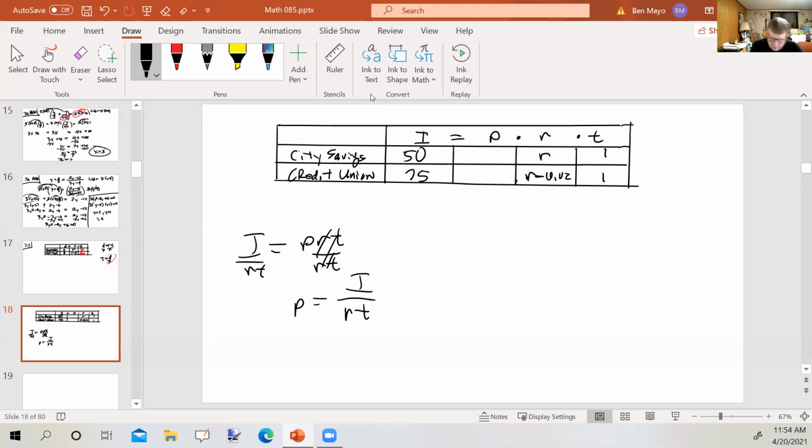Yes. So P equals I divided by RT. So P equals 50 divided by RT, which would be 1 times R, or just R. In the bottom, we'd have 75 divided by R minus 0.02 times 1, which is R minus 0.02. All right.